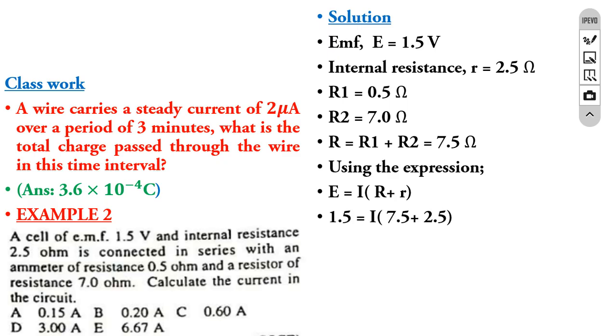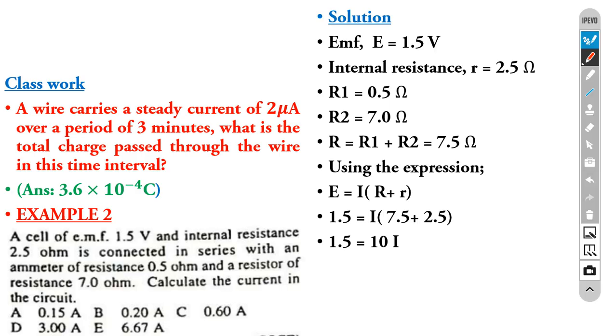I've done my substitution. This is how it looks. I will now add 7.5 and 2.5 together. So we have 10I. Mathematically, it's not proper for us to write I10, so I decided to write 10I. And this is the right thing to do.